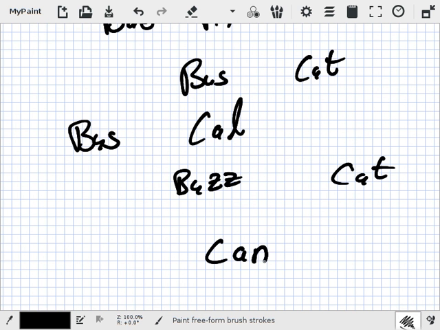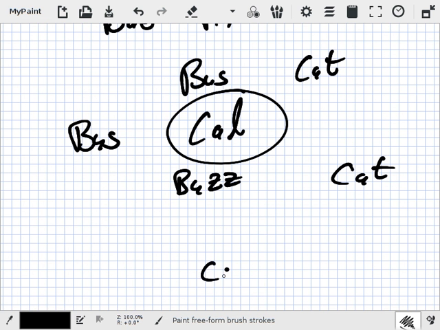Can. It has to be before L. Before L. Yes, you're right. Cab? It's after cab. It's after cab and before cal. Come on, we're really narrowing now.